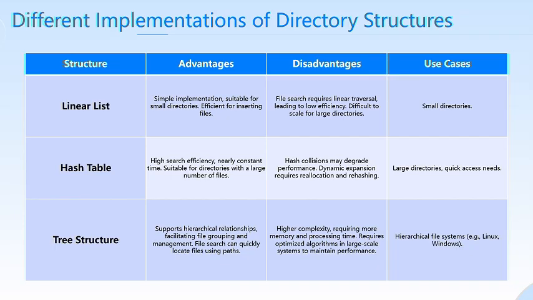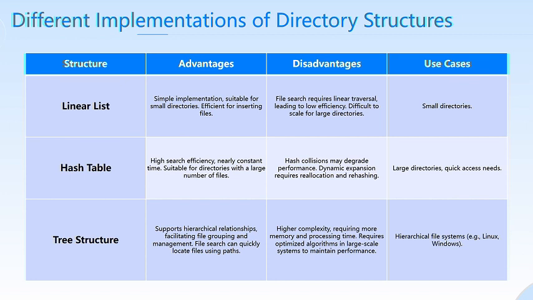It uses a hash value of file names as an index to speed up searches. It has high search efficiency, suitable for directories with many files, but it can degrade performance. Dynamic expansion requires rehashing. And there's tree structure.